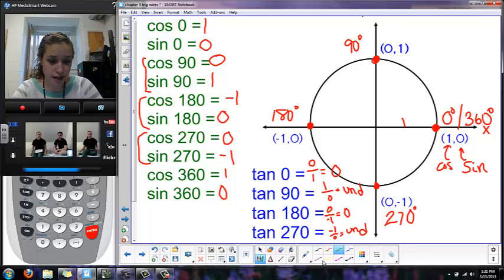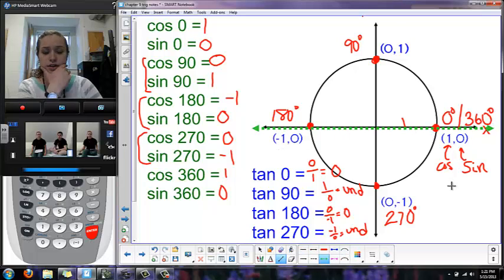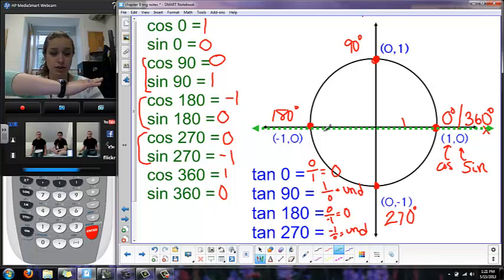Everything that's on this line, tangent is equal to 0. Well, do you remember when you were in like 8th grade or maybe 9th grade and you were learning about the slope of lines? You know how the slope of a horizontal line like this is equal to 0? So that's a really easy way to remember it.